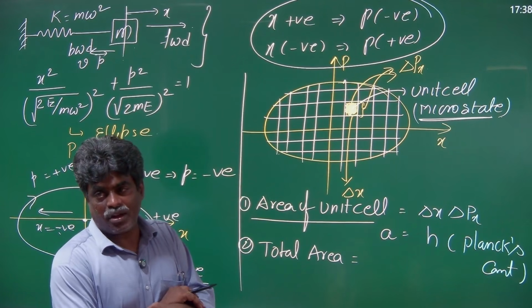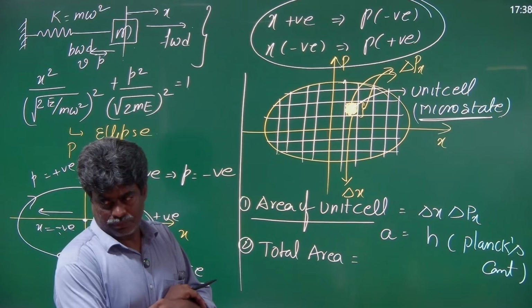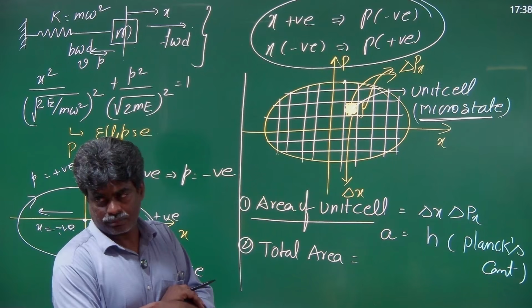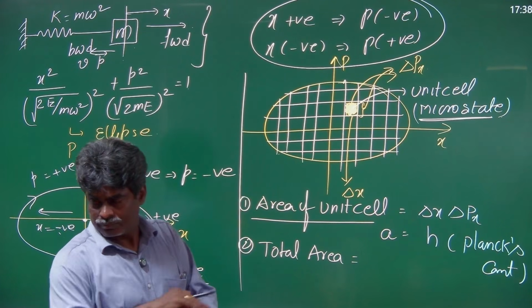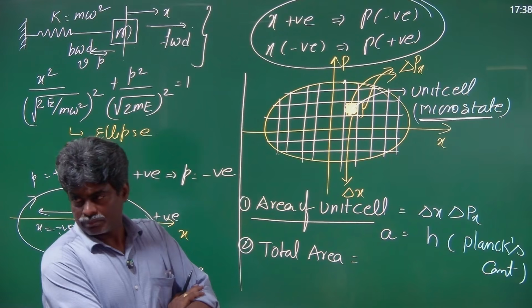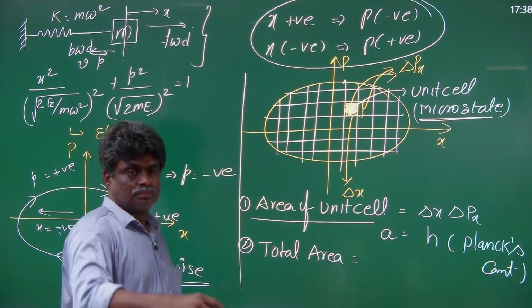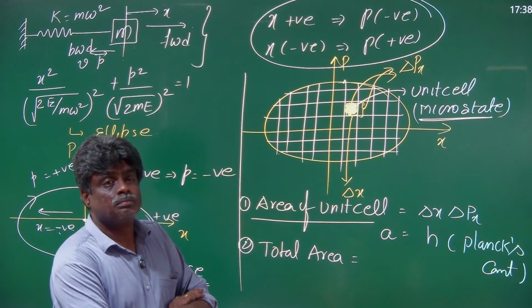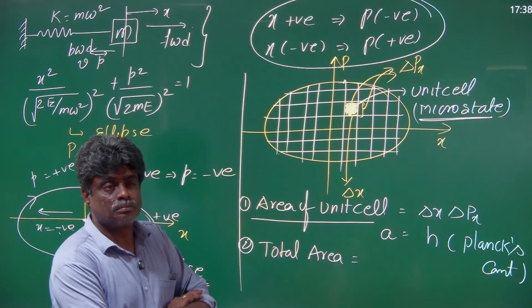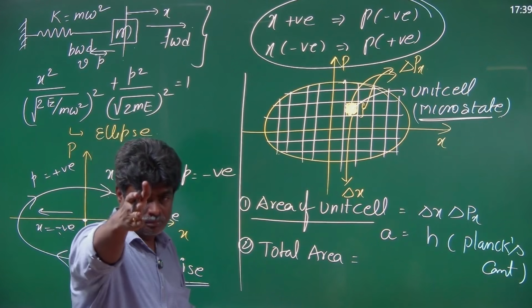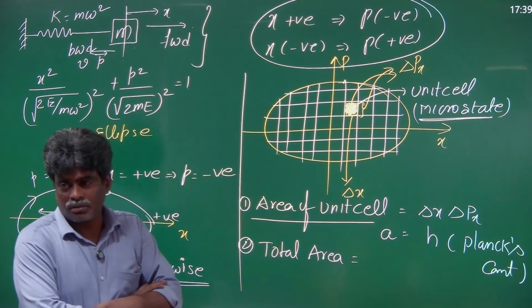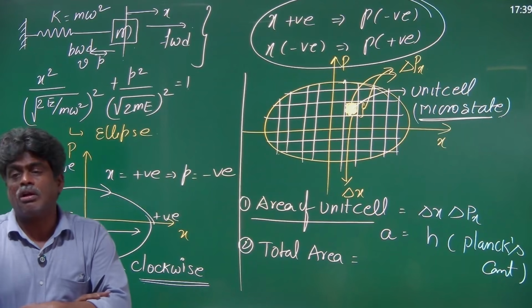Area of ellipse. Pi AB, not 4/3 pi r cube, which is the volume of the sphere.